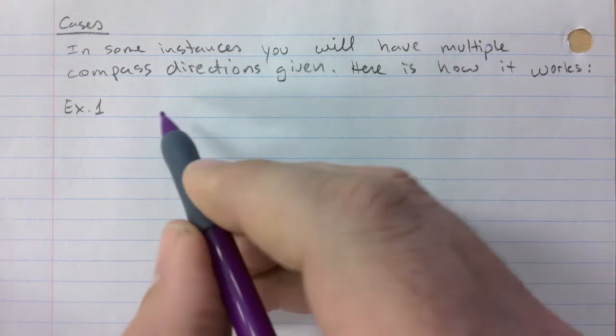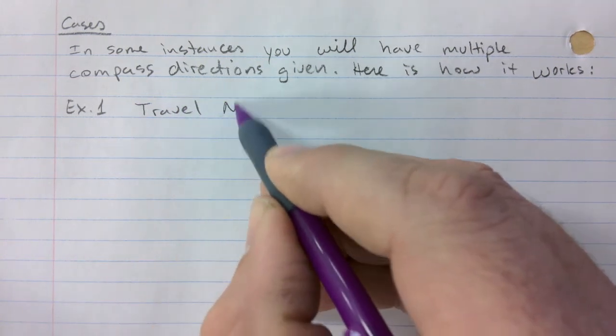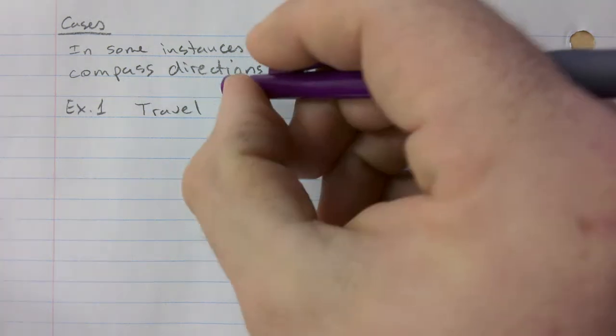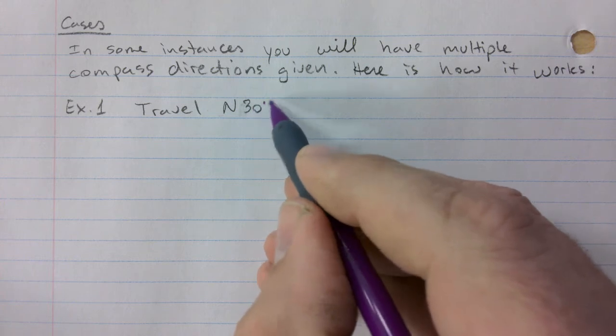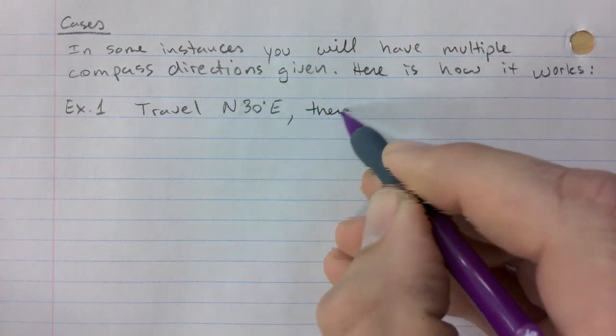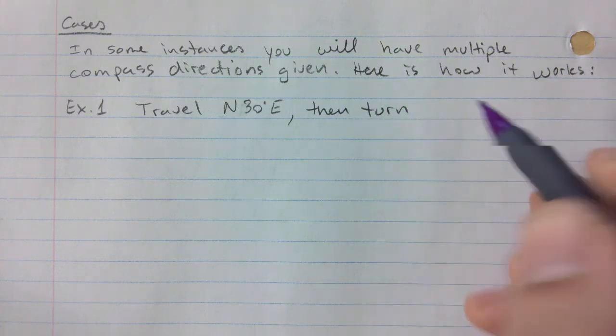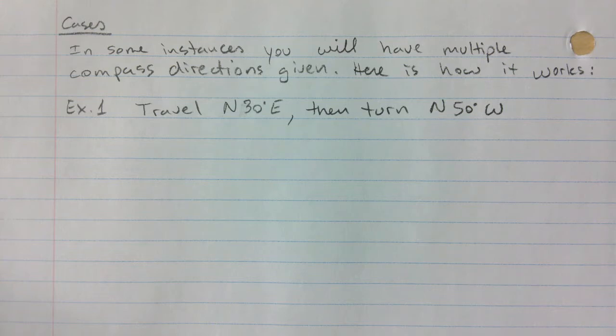Example 1, travel north 30 degrees east, comma, then turn north 50 degrees west.